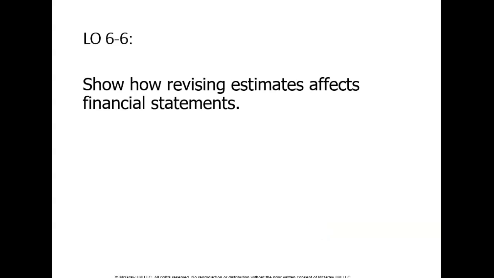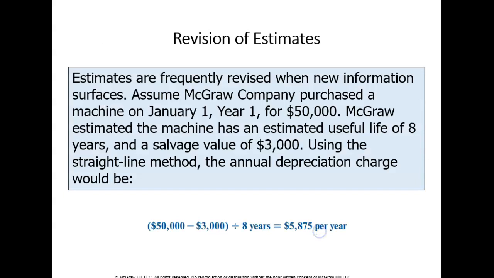Okay? Next, revising estimates and how they affect the financial statements. What we're saying here is that in our formula for depreciation, you have cost, salvage value, and useful life. Two of those are estimations, those two being your salvage value and your useful life.